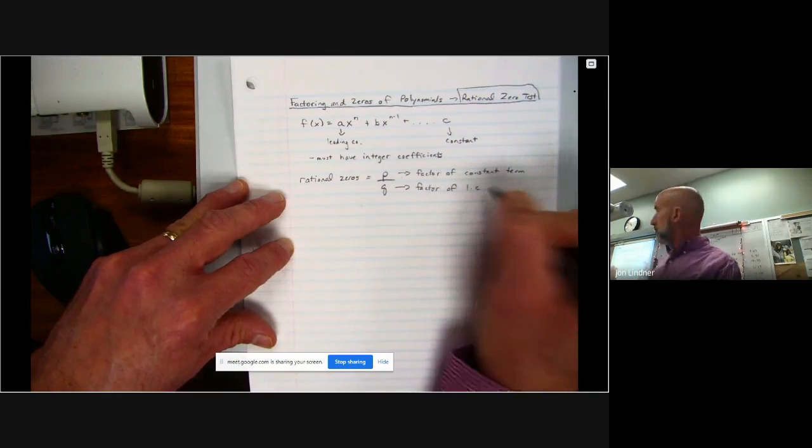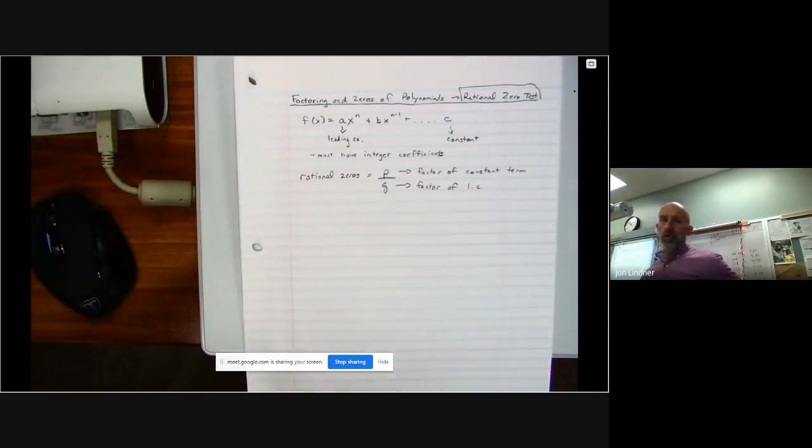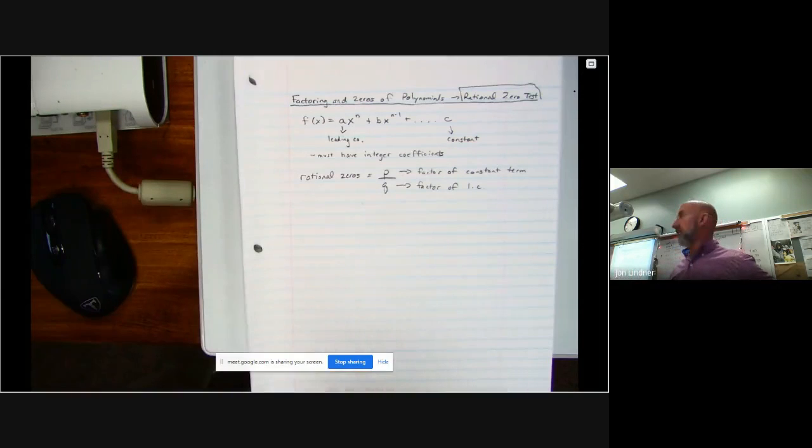I'm just going to put LC for short, the leading coefficient. And this test works really nice. Let me show you how it works.